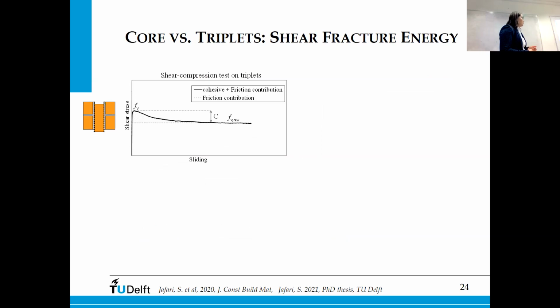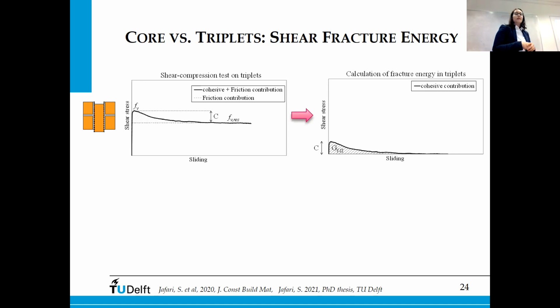In the attempt to also estimate the fracture energy, or the energy dissipated in this failure mechanism, we had to make some assumptions, exactly because the two tests are not the same in terms of boundary conditions. At first, we considered for the triplet that only the area between the curve, between the peak and the residual shear stress, would contribute to what is called the mode II fracture energy.